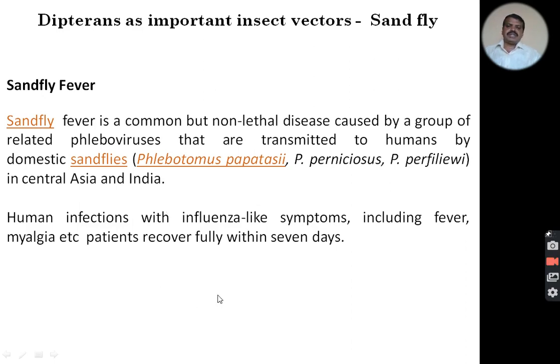Human infections present with influenza-like symptoms, including fever, myalgia, etc. The patients recover fully within 7 days, and treatments are available.